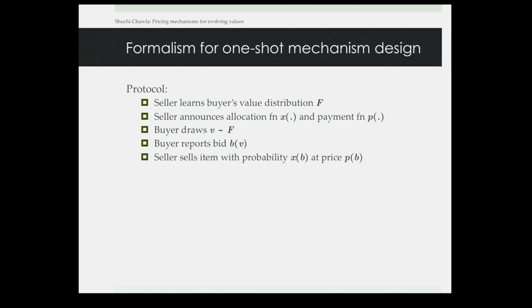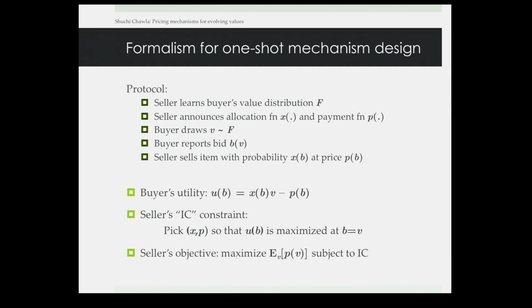So the seller is going to learn the distribution for the buyer's value, and based on this, he's going to announce an allocation function and a payment function. And then the buyer is going to draw a value from this distribution. He's going to bid some amount in the mechanism. And then the seller is going to sell the item with probability, this function x applied at b, and at price p of b. Okay?